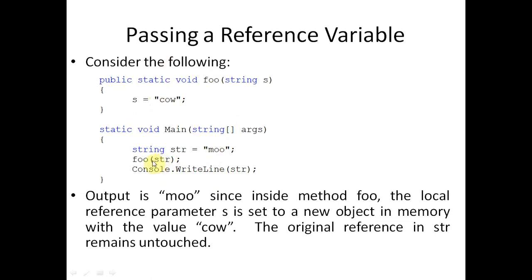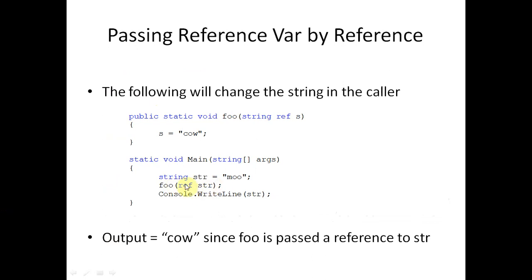When we write ref str, then the change of the function will reflect on the main program. You can see we have mentioned ref str and string ref s, and now we have changed the value of s to cow. So in Console.WriteLine we will find the output of str is cow.